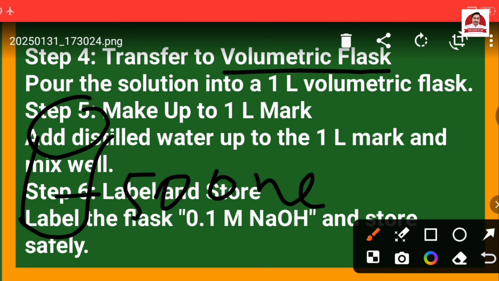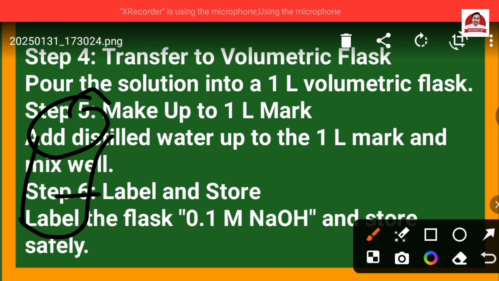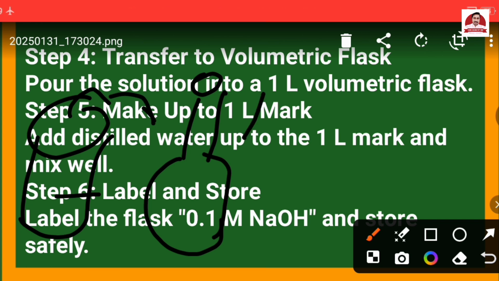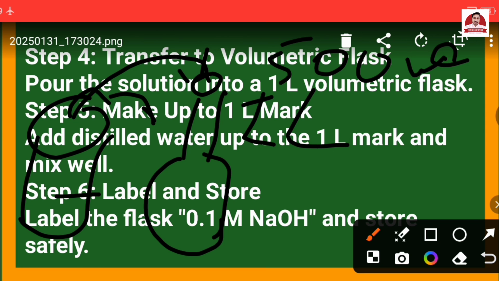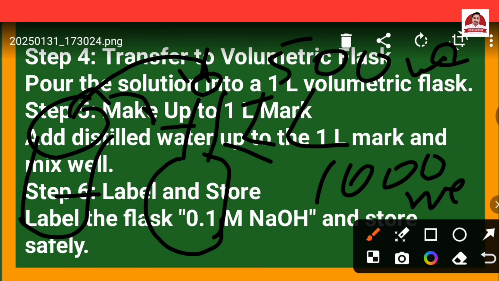We pour the solution into a 1000 milliliter volumetric flask, or 1 liter flask, and after adding this 500 milliliter of dissolved sodium hydroxide, we again dilute it up to 1000 milliliter or 1 liter.